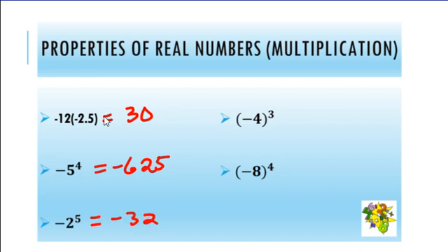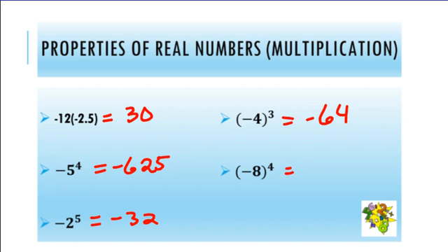Then we have parentheses, -4. Because the -4 is on the inside of the parentheses and the exponent's on the outside, now I have to raise -4 to the 3rd power. So that's -4 times -4 times -4, which gives you a -64. And then we have a -8 in parentheses raised to the 4th power.